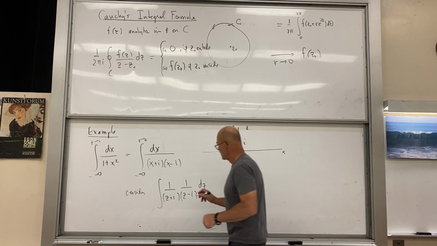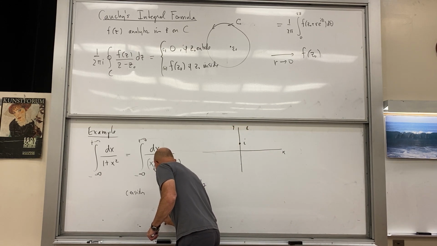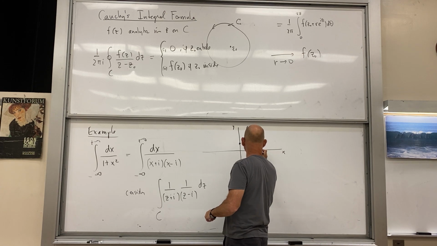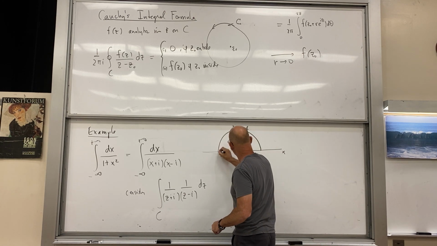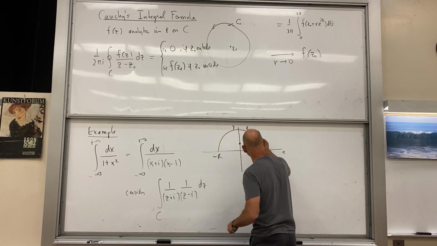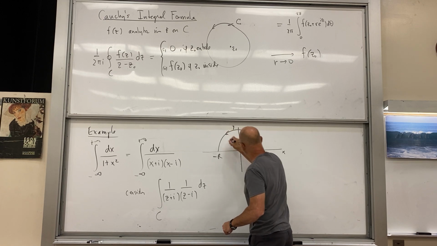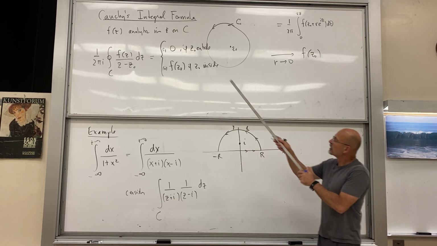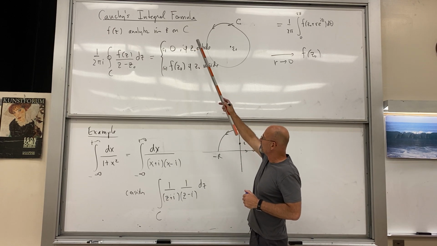And we're going to let the contour be this one. This picture here. Here's R, here's minus R, here's our semicircular contour. So this is just made for Cauchy's integral formula, okay?